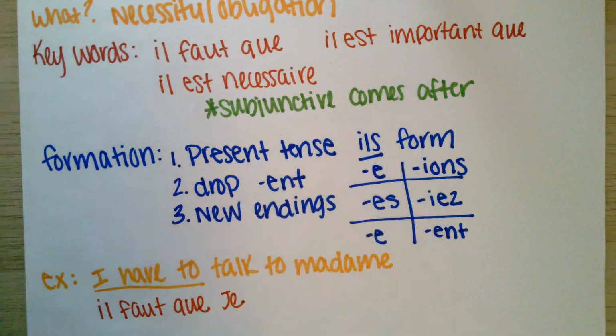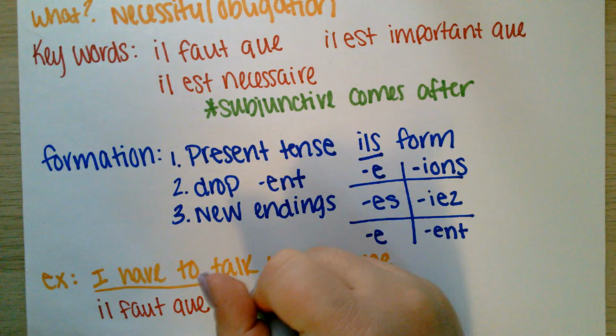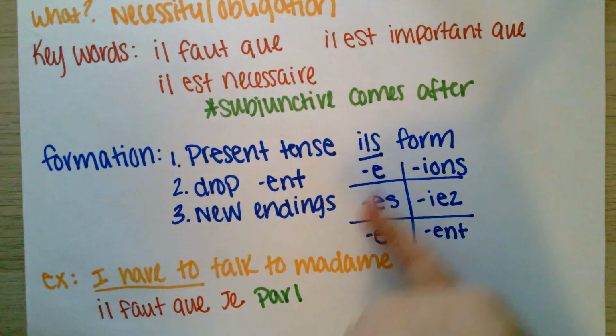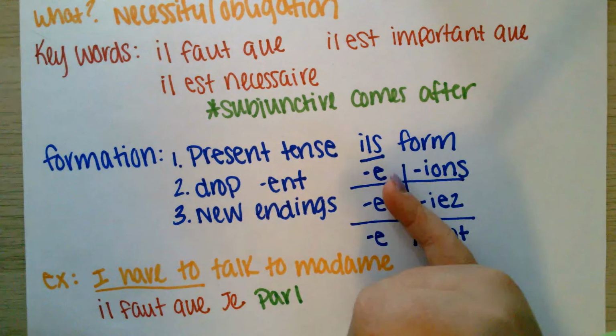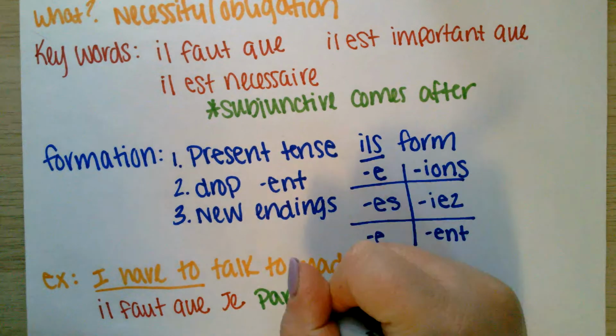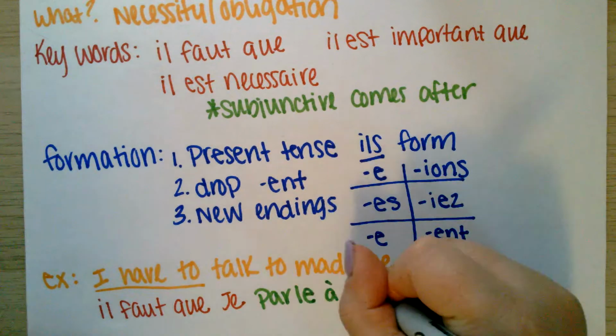Now we're going to take the verb parler and put it in the subjunctive. So this is the part that's going in green. We take the verb parler and take off our ent. So I'm going to write my stem down. And now I need to add on my regular ending for the subjunctive. So I'm going to add just an e and then à Madame.